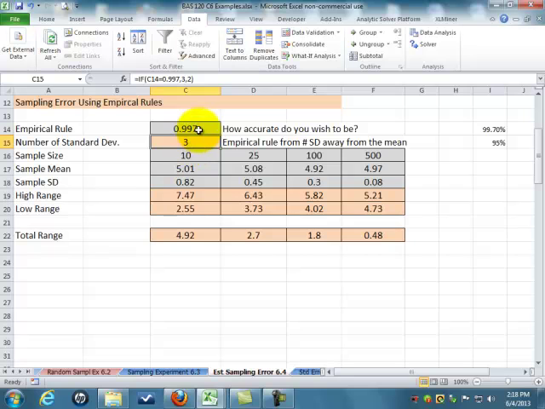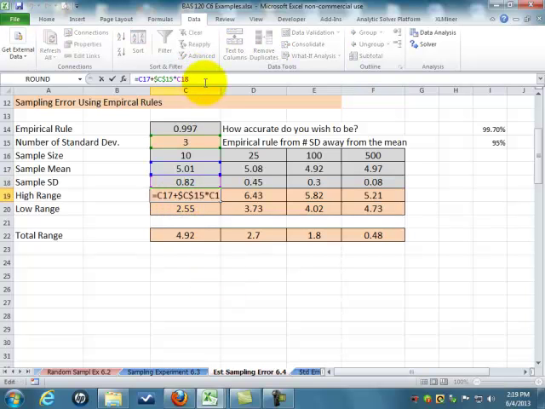The orange cells are calculated based on what we set up here. So it's going to be 3 standard deviations to the left or right. Here it tells us the different sample sizes, the sample mean, and the sample standard deviation that we arrived at. Now this cell right here is going to calculate that range.